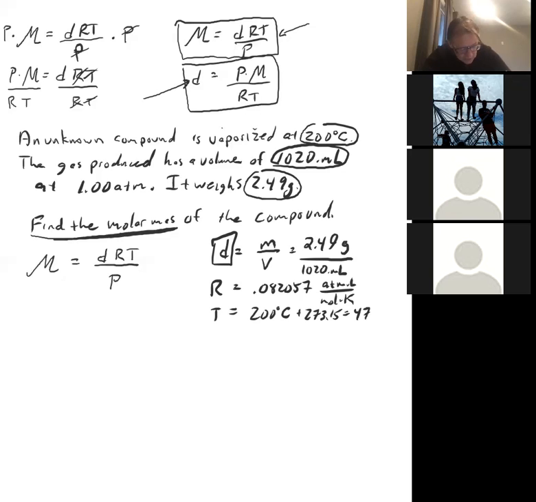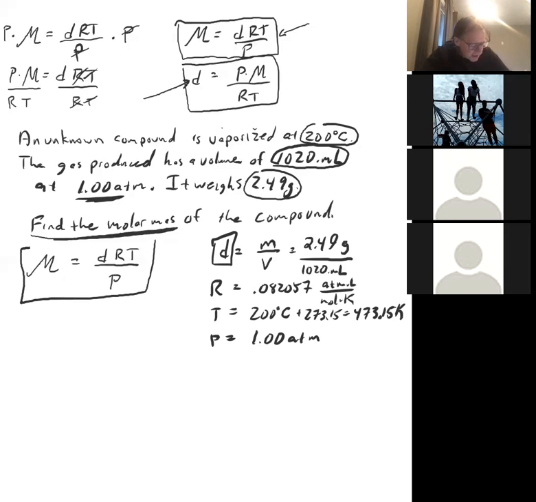It's got to be in Kelvin. So it's nice just to knock that out immediately. And then pressure. The pressure is given, luckily, 1 atmosphere. So it looks like we've got almost everything set up here for the molar mass.